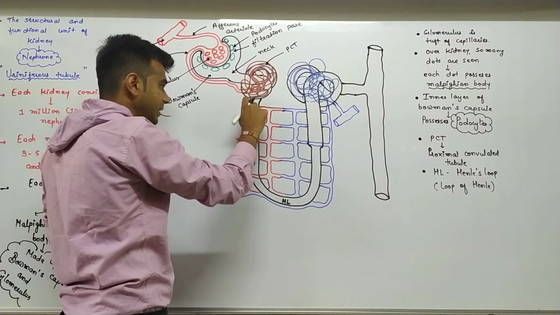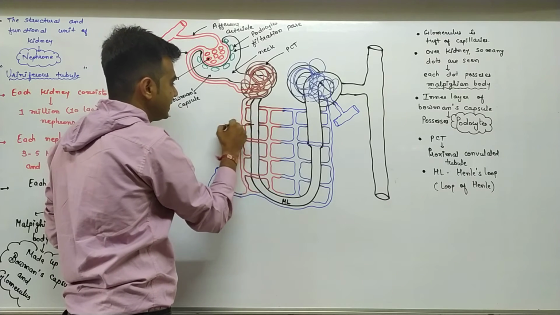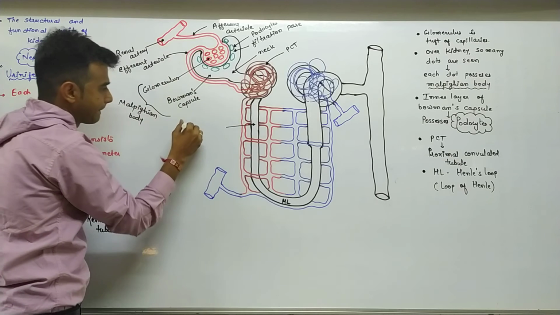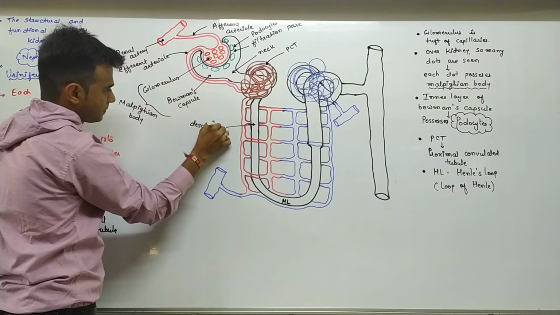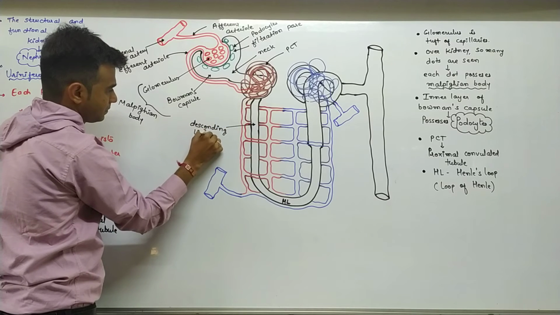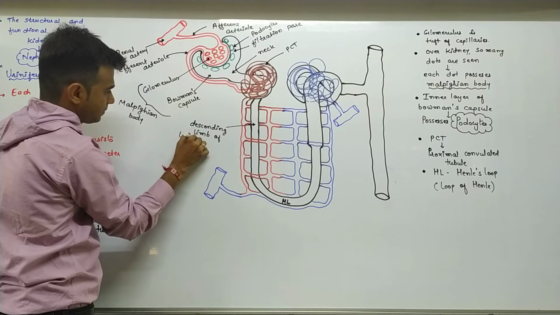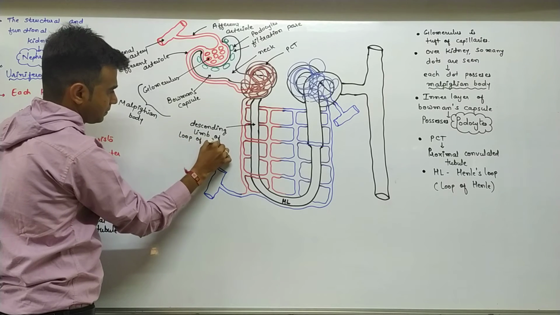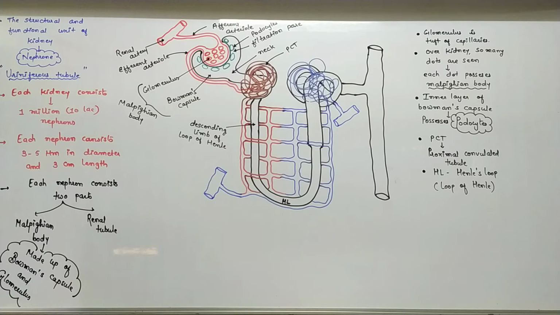Now, the initial portion from the proximal convoluted tubule is known as the descending limb of loop of Henle.